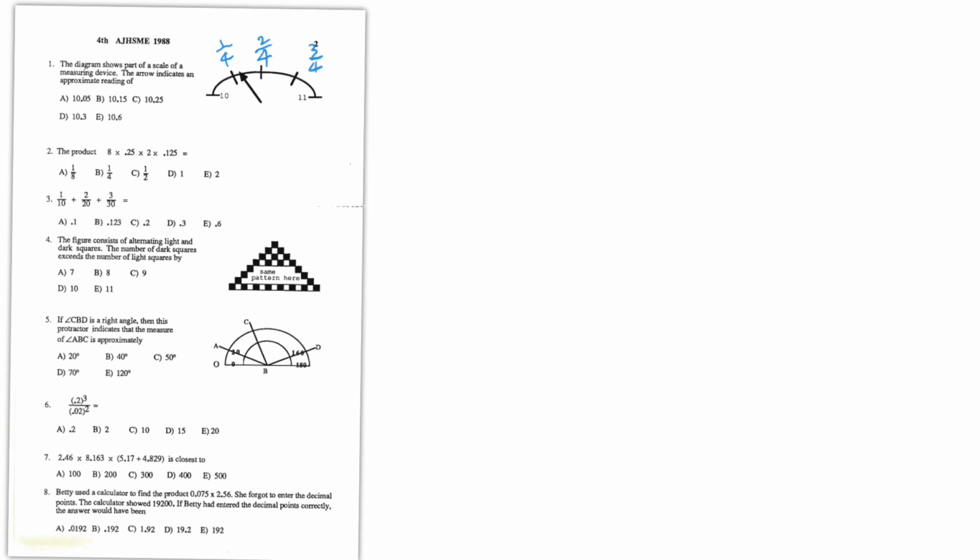The arrow is between 10 and 1/4 and 10 and 2/4. 10 1/4 is 10.25, and 10 and a half is 10.5. It is greater than 10.25 and less than 10.5. So it must be the answer D.